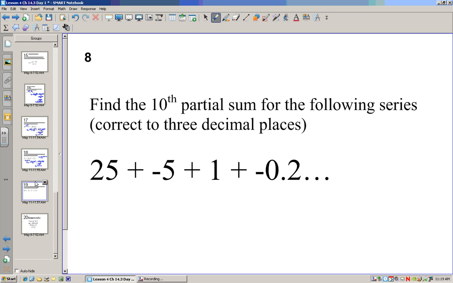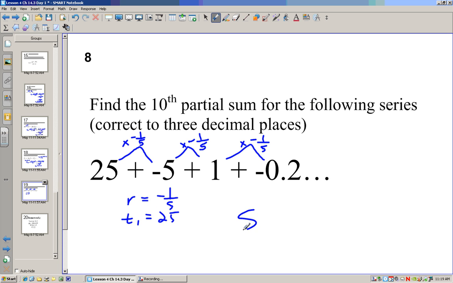All right. Now here we're multiplying by negative 1/5, multiplying by negative 1/5, multiplying by negative 1/5. So this is a geometric series. Our r is negative 1/5. Our t sub 1 is 25.